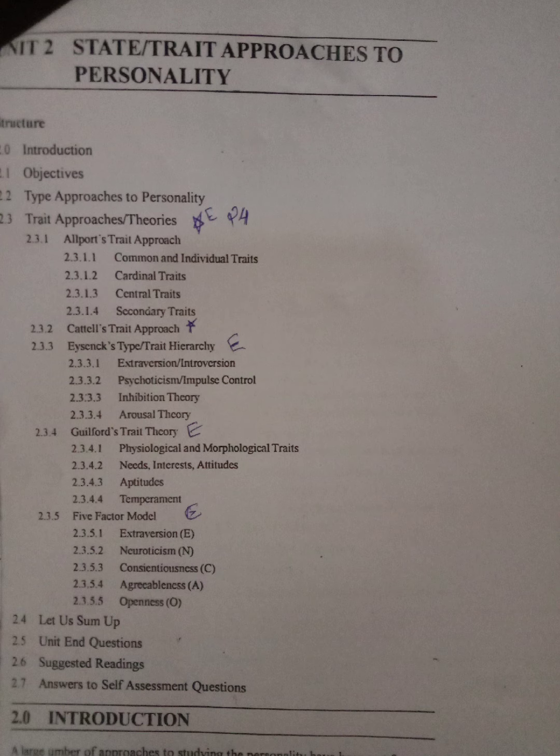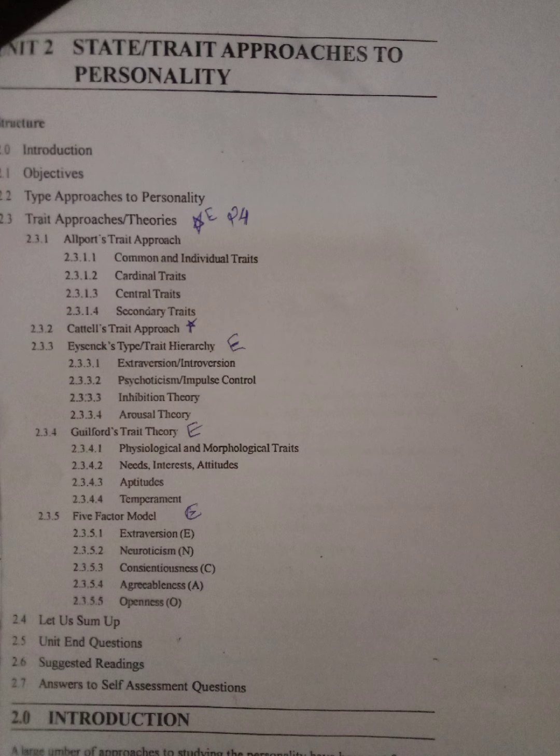So we discussed five models of the trait approach. First one is Allport's trait approach: common traits, central traits, cardinal traits and secondary traits. In Cattell's trait approach, there are surface and source traits, constitutional and environmental traits, ability, temperament and dynamic traits.